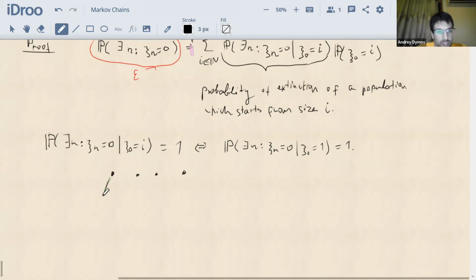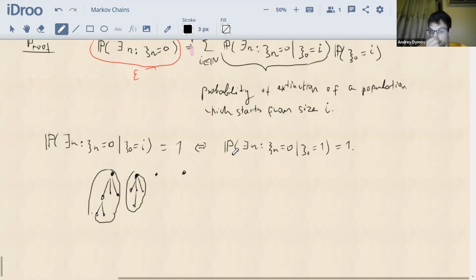So if the probability that the population to which this individual gave birth will disappear one day equals 1, then the probability for the descendants of this guy also equals 1, and for this guy also, and for this guy also, right?